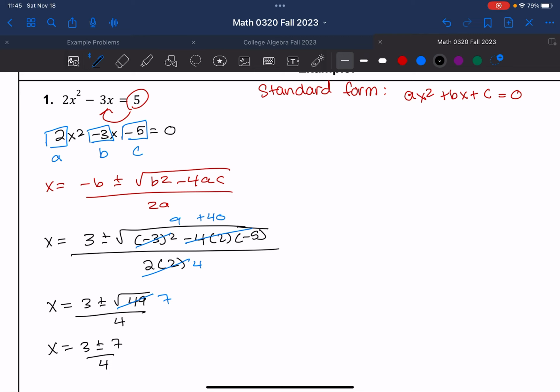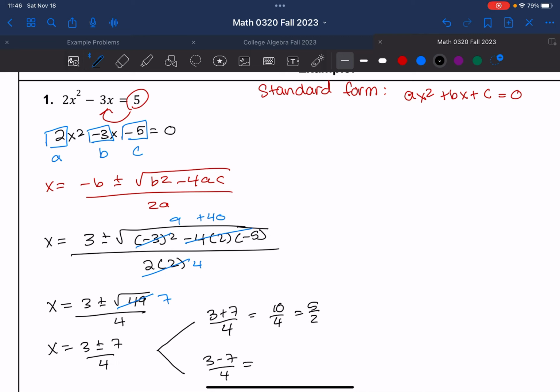That plus or minus sign tells you that there's two separate answers. So there's going to be one with the plus and one with the minus. So this becomes 3 plus 7 over 4 and 3 minus 7 over 4 to give us our two answers. So the top one is 10 over 4, which reduces to 5 over 2.